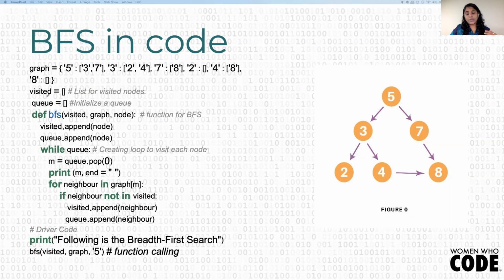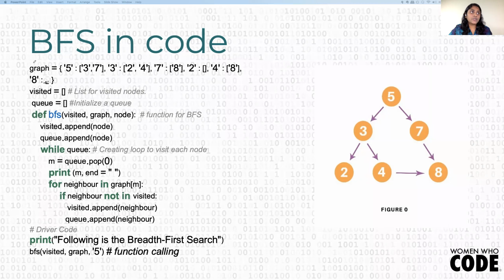And then a queue to maintain a to-do list of nodes that need to be processed, and then we get into the function here that takes the visited list, the queue, the graph and the node itself.